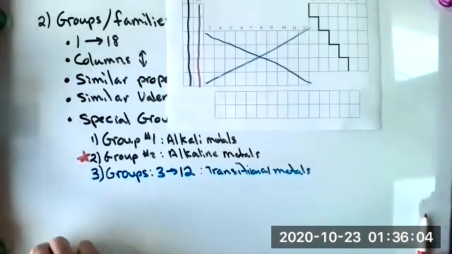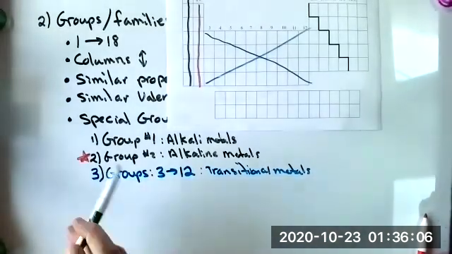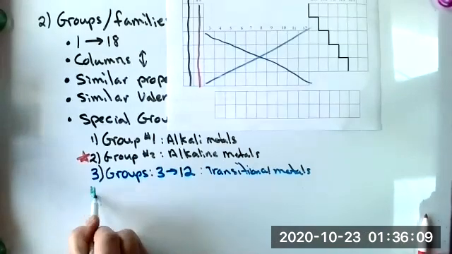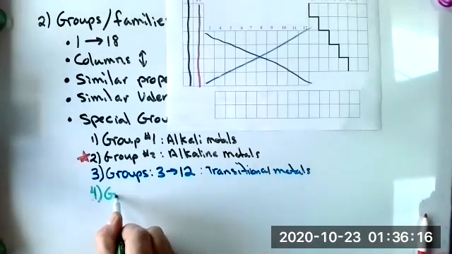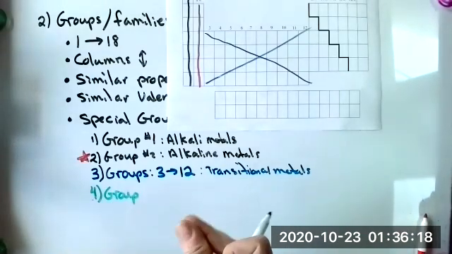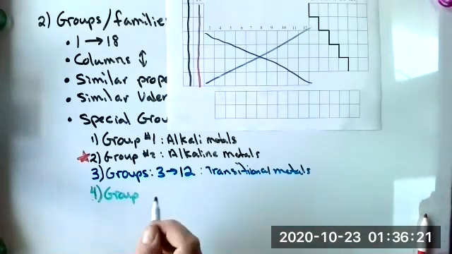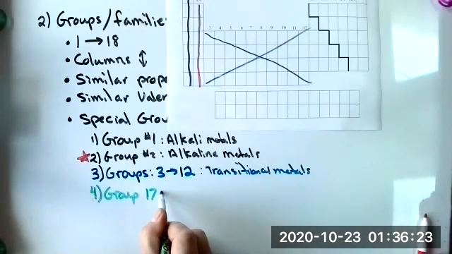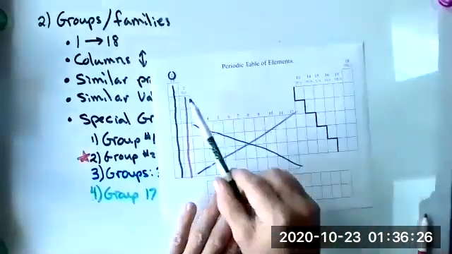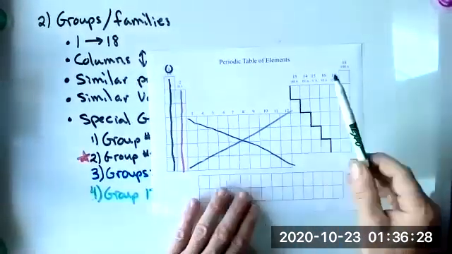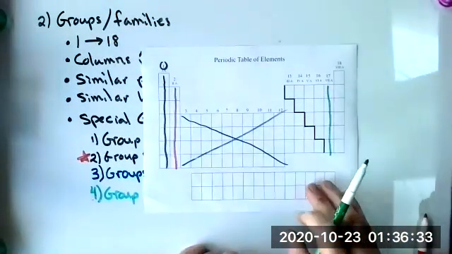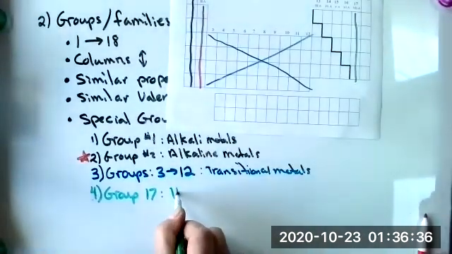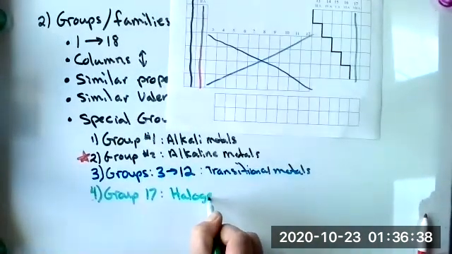Okay, I'm trying to switch colors. I'm sorry I didn't do it for the second group, but I will for this group. I hope you can see that's green. Yeah, you can. All right. We have another special group, and it is group 17. And on your table, it's these guys. Group 17 has a special name, and the name that they applied to them is halogens.